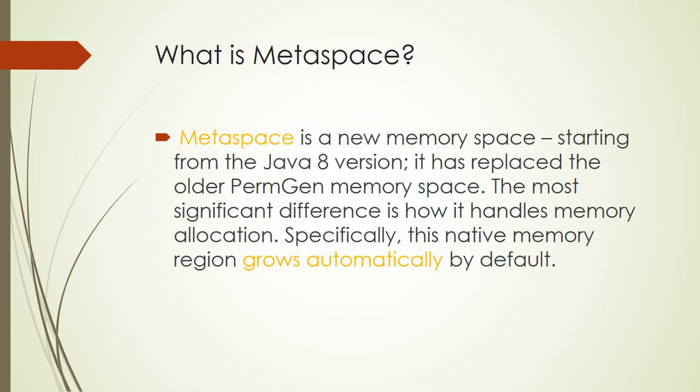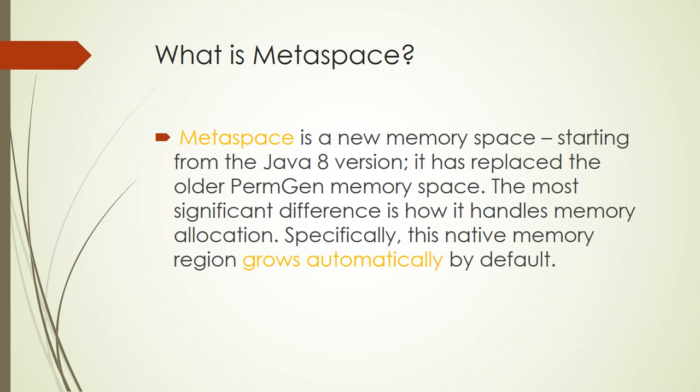The most significant difference is how it handles memory allocation, especially the native memory region, which grows automatically by default. That means it is no longer part of the main heap memory. Whenever the program needs more memory, it will capture it from native memory, not from the heap and other areas that PermGen was part of.